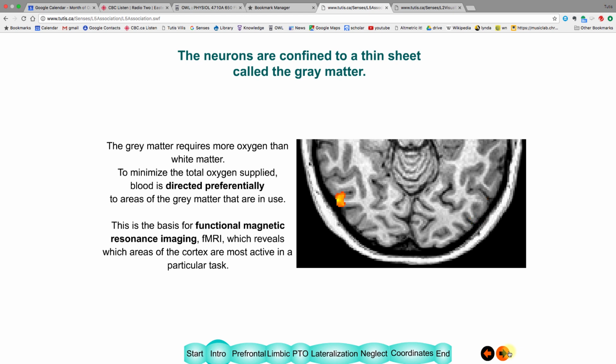Over the last 10 years, we've started to use that fact to image the brain, because we can measure how much oxygen is being used using fMRI.